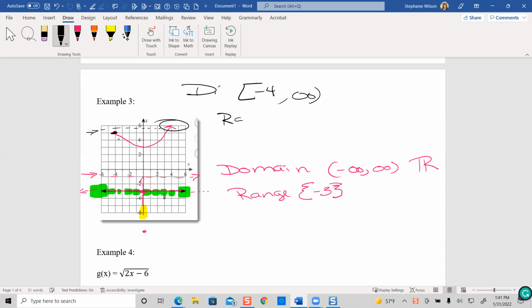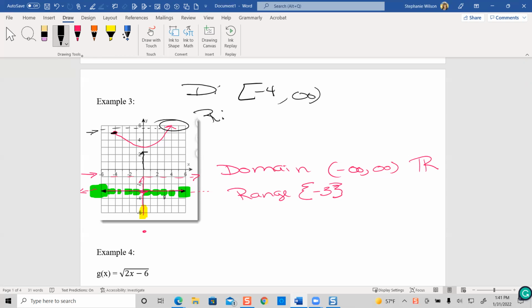Now let's talk about the range. I was just doing the shorthand notation. So we talk about the range, and we move up from bottom to top to find it.